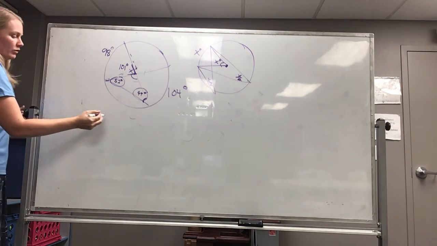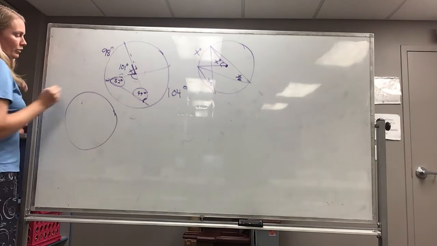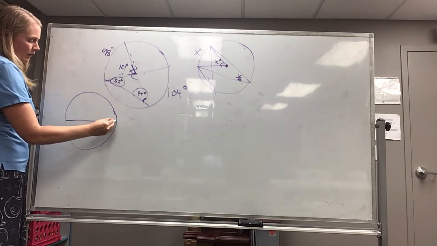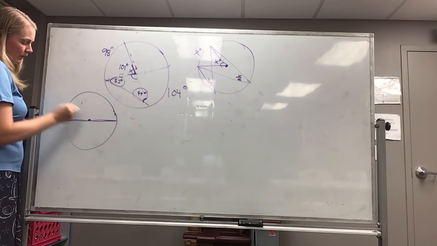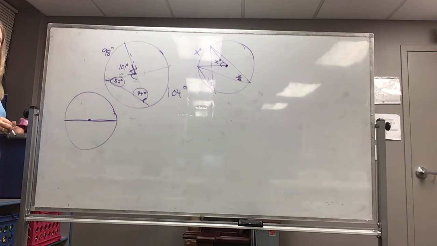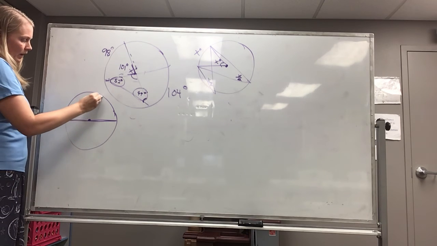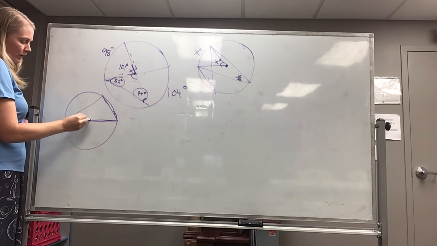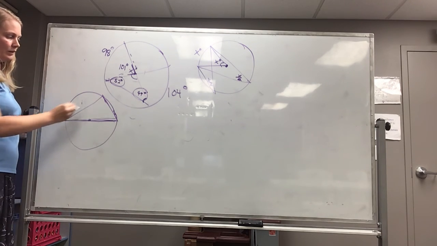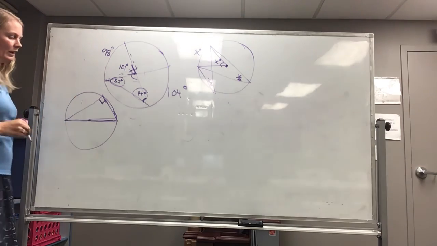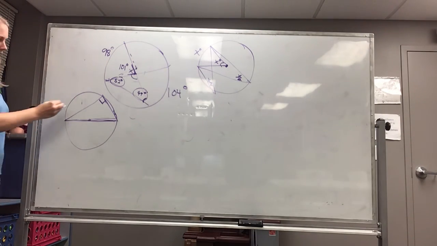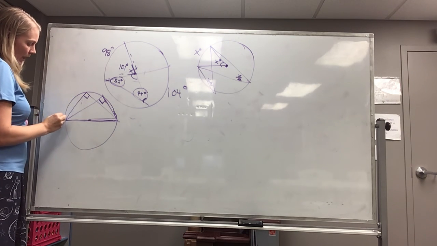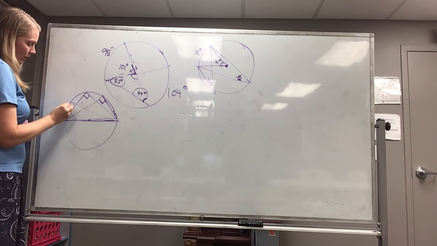The one that most likely will show up, this one was a little unusual because it was such odd arcs, but frequently, if you have the diameter of a circle going through that center, anything along here, remember, a diameter is 180 degrees, this will be a 90-degree right triangle. And again, it doesn't matter where you draw that, you always have that right triangle.